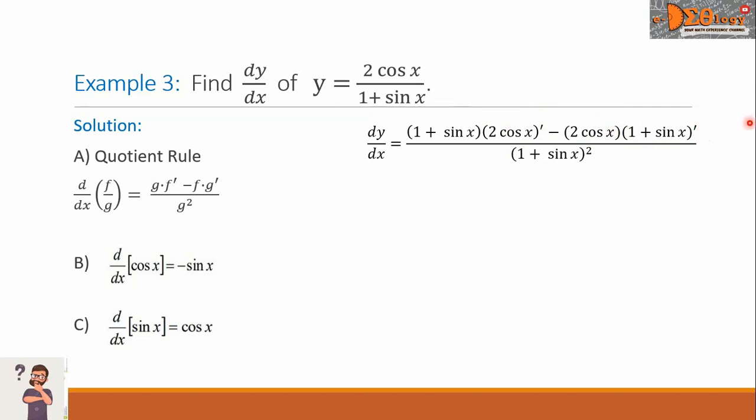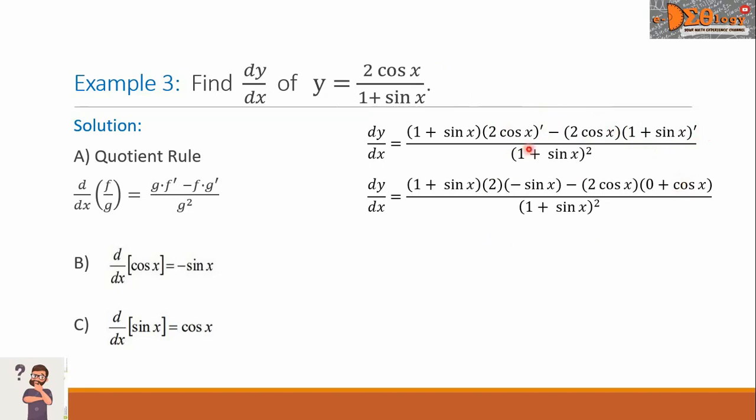Let us now simplify the corresponding derivatives into like this. We will copy everything except that our derivative here of 2 cosine x now becomes, we put the constant outside, 2, and then take the derivative of cosine x, and that is this negative sine x. Then this negative 2 cosine x we copy here, then we take the derivative of this binomial.